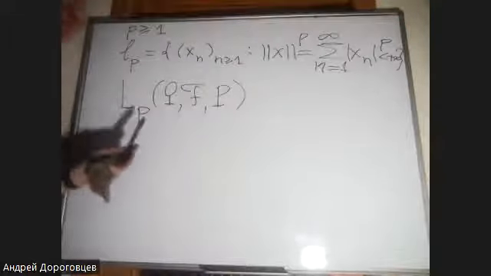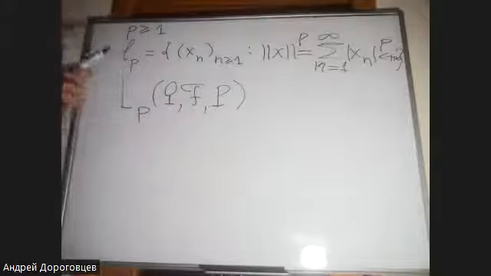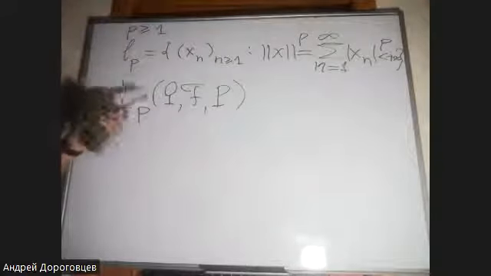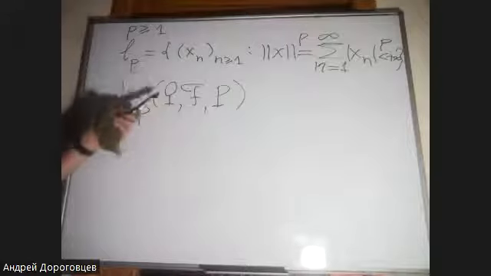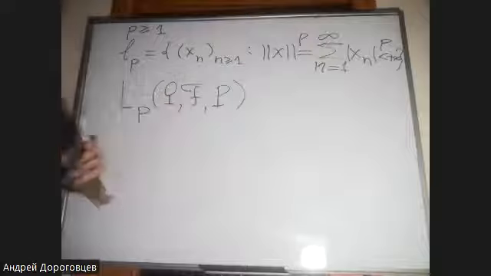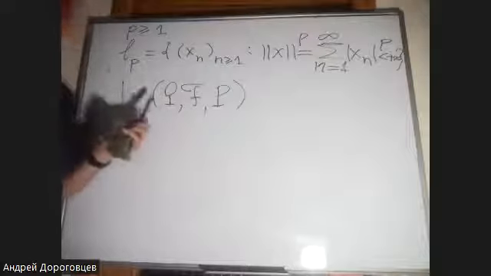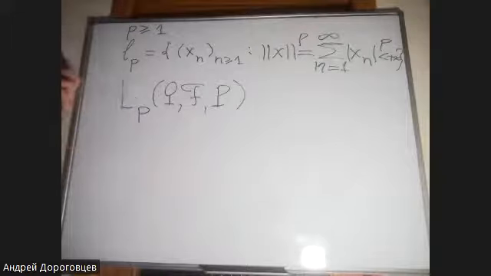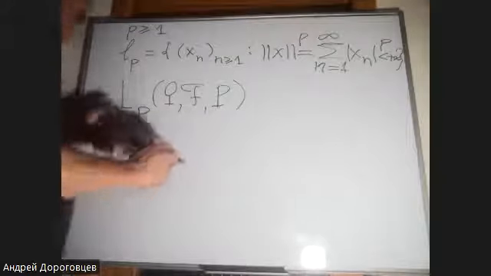This is, as we usually denote, the space of all random variables which are defined on a general probability space with a general probability measure and have a finite p-th moment, and the norm is defined as usual.